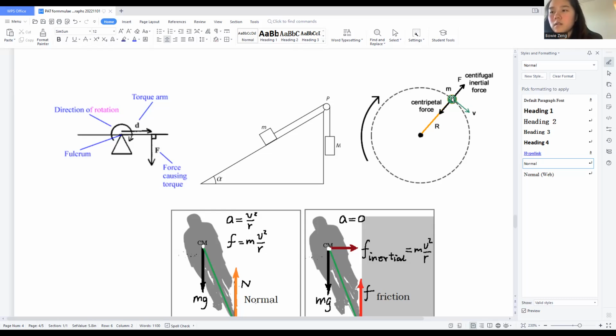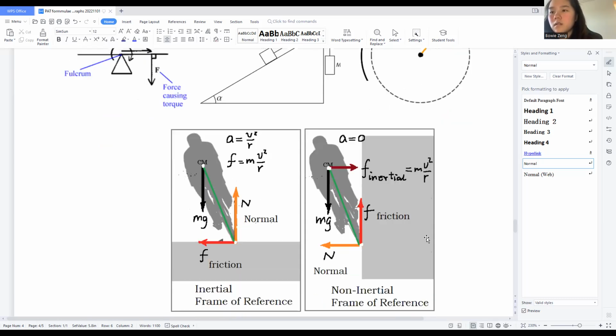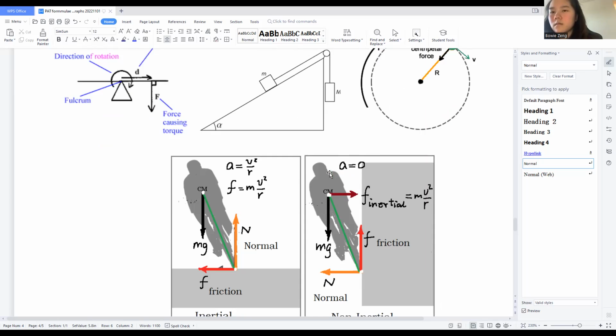Unless you are aware, for example, how this bike can be balanced without this force. This force is a centrifugal force, can you see? Without this centrifugal force, the bike cannot be balanced. That is because we are choosing the bike as a reference. Do you understand?